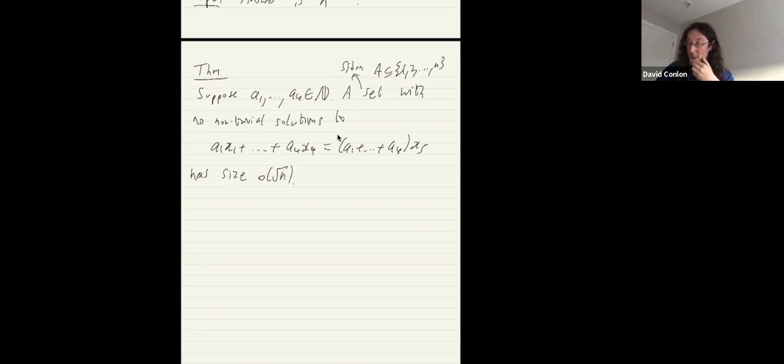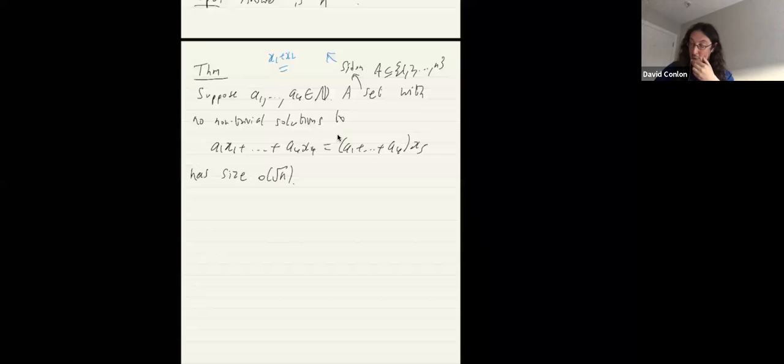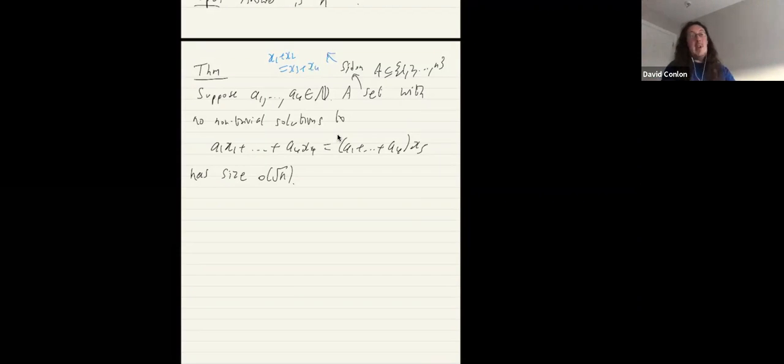And a Sidon set, by which I mean that there's actually no solution to the equation x1 plus x2 is equal to x3 plus x4. So what this is really saying is that if I ban two things, so I'm banning a solution to the Sidon equation, and I'm banning a solution to some simple translation invariant equation, then actually the answer is little o root n.